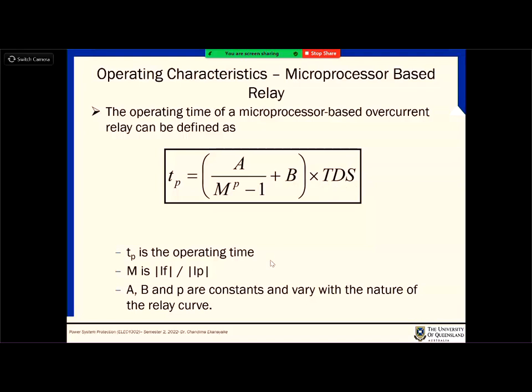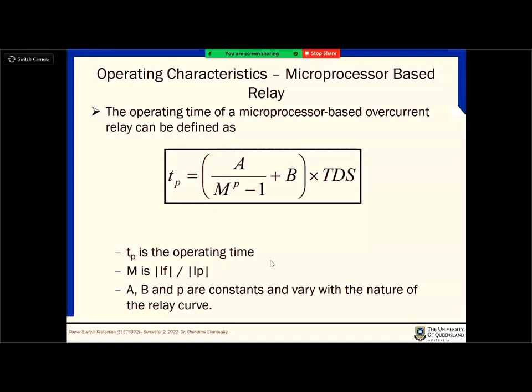So it's the way that the numerical relays are set. A, B, and P are constants, and if you define that your curve is an inverse curve, then you have one setting. For a very inverse curve, you have another setting, something like that.